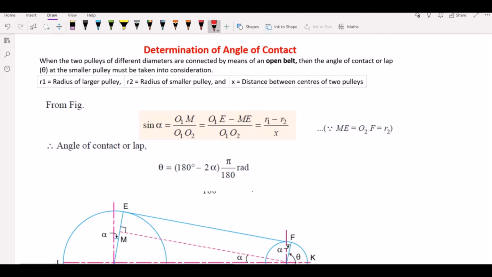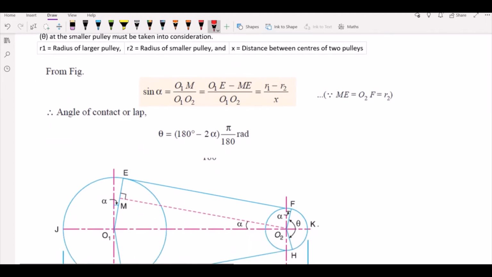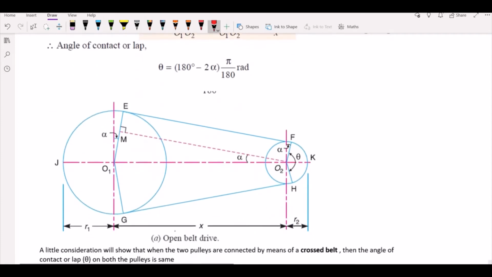So here, if I want to know the theta, the angle of wrap or angle of contact for the open belt, I am considering R1 as the radius of the larger pulley and R2 as the radius of the smaller pulley, and x as the distance between the centers of the two pulleys. Previously I considered this as center distance C, now I am considering this as x, no difference.